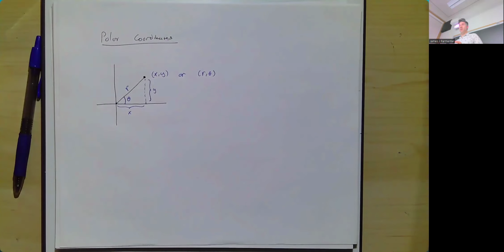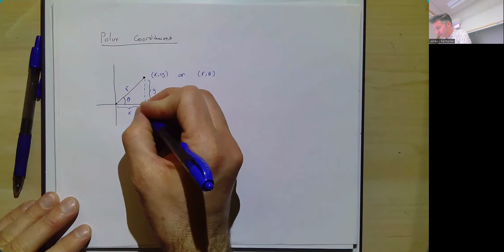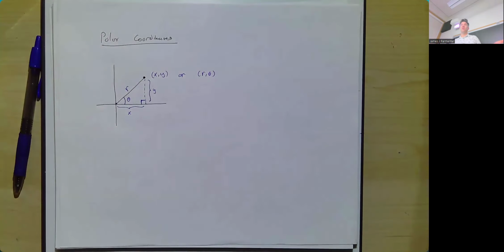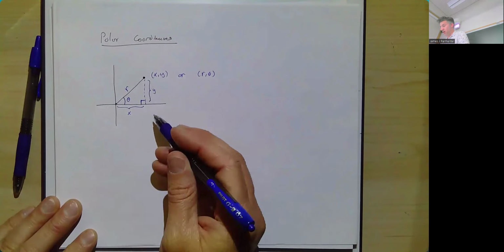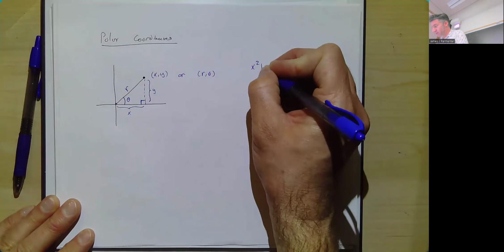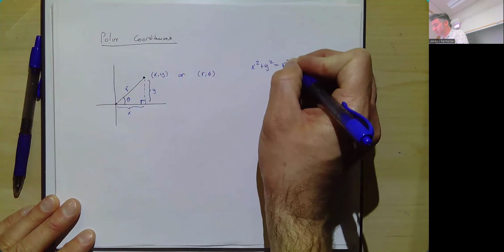If you know the Pythagorean theorem and some trig stuff, you can find all the equations you need to go from polar to rectangular or from rectangular to polar. When I say rectangular, I just mean xy. When I say polar, I mean r theta. So my equations are x squared plus y squared equals r squared.